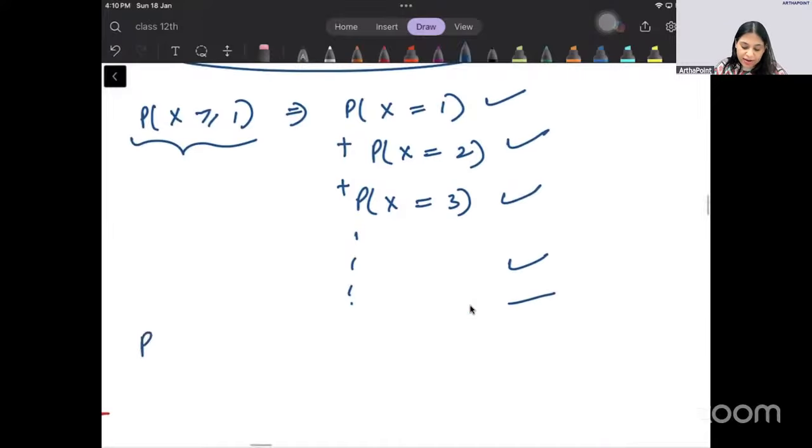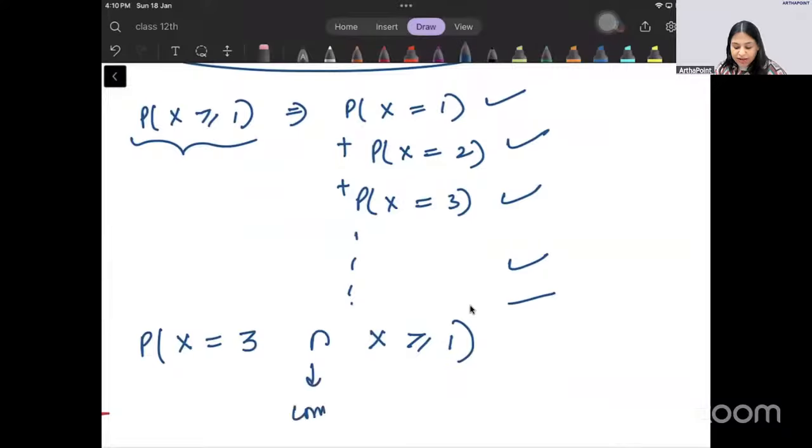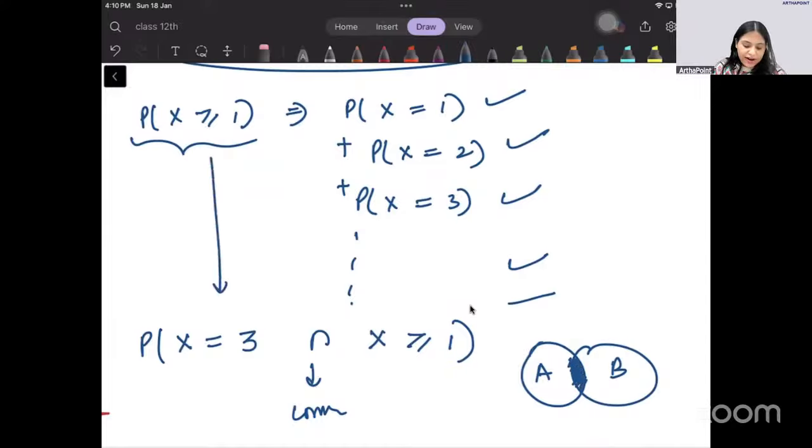Now I am asking probability x equal to 3 intersection x greater than equal to 1. Right? So intersection means you find the common part. When we have to find intersection between A and B, we find the common part between A and B. So here when I have to find the intersection between probability x greater than equal to 1 and x equal to 3, so what is the common part between two?